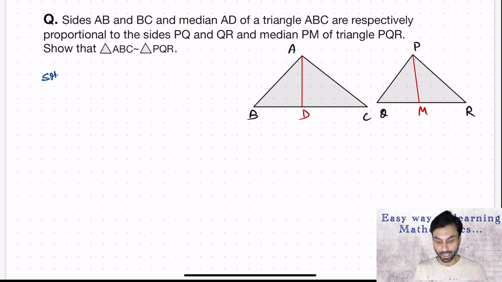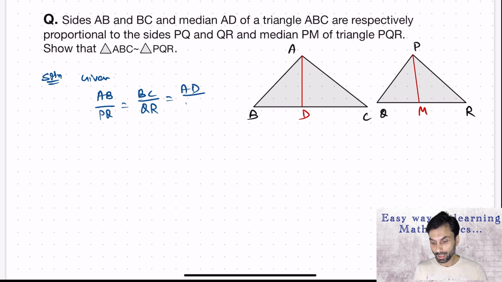Now the given statement is that AB upon PQ equals BC upon QR equals AD upon PM, and we have to prove that triangle ABC is similar to triangle PQR.